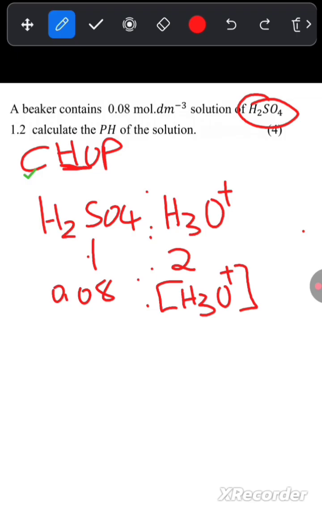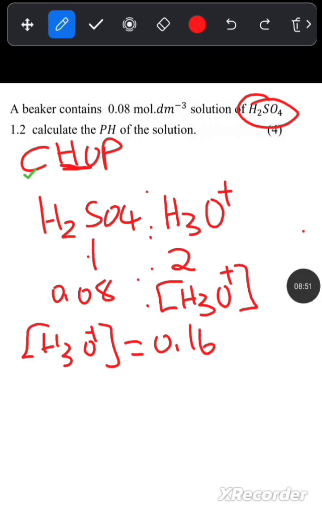Okay, now you can cross multiply. If you cross multiply here, this will mean the concentration of hydronium ions is equal to 0.16, because 2 multiplied by 0.08 is that.